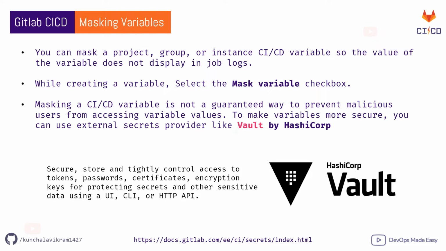Masking will simply not allow any job to display that variable value inside the job logs. But still, if you want some more ways of accessing and storing your variable values, you can always use external secret providers like Vault by HashiCorp in order to better manage your secrets.